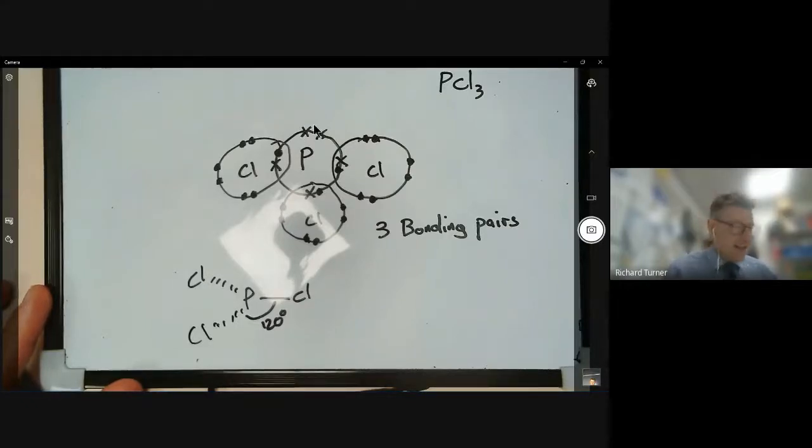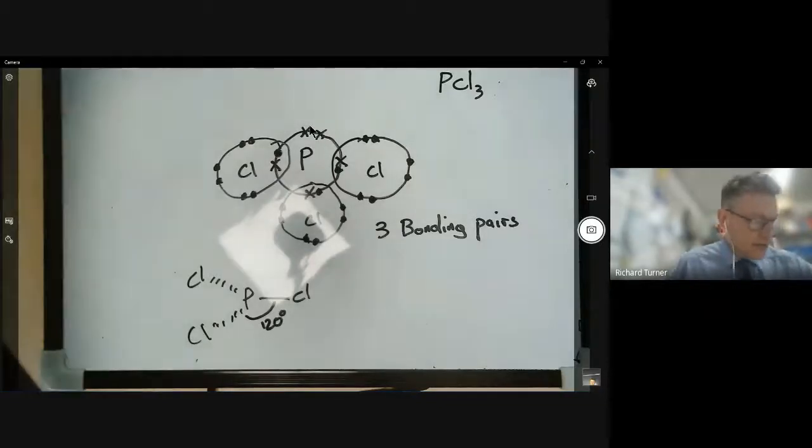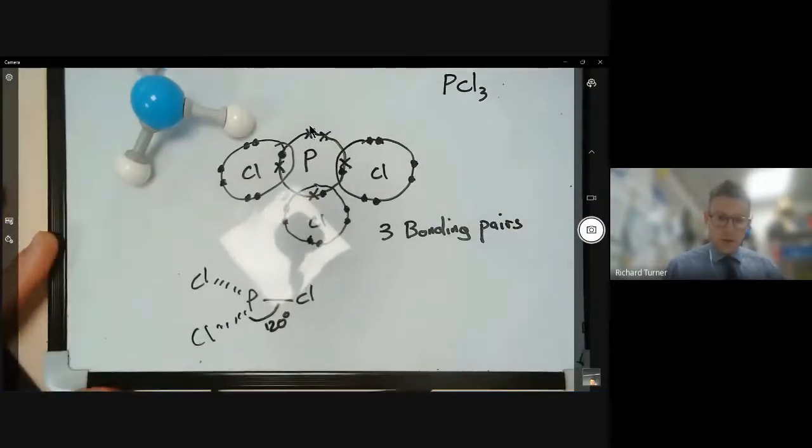They have a really influential pushing, okay, so you've got your electrons all trying to spread out equally around the phosphorus, but then you've got this lone pair here. They have a greater influence.